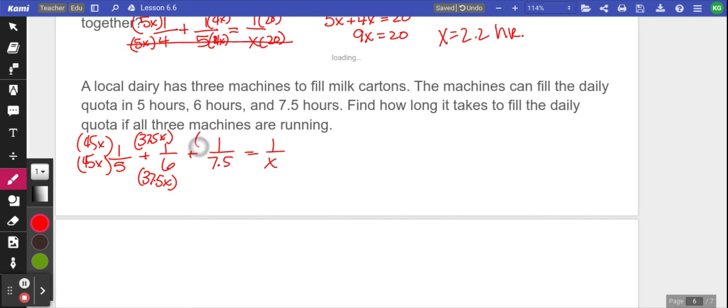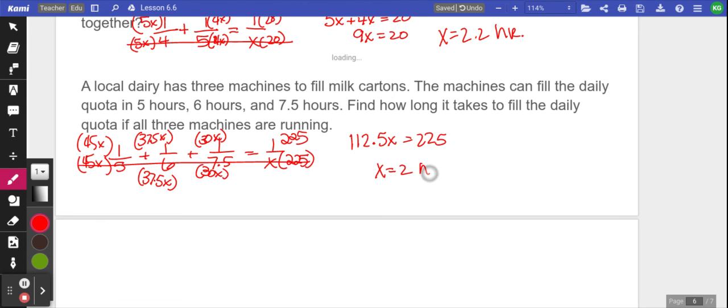And 30x. And then this one would be 225. So I've got 45x plus 37.5x plus 30x equals 112.5x to 225. 225 divided by 112.5 equals 2 hours.